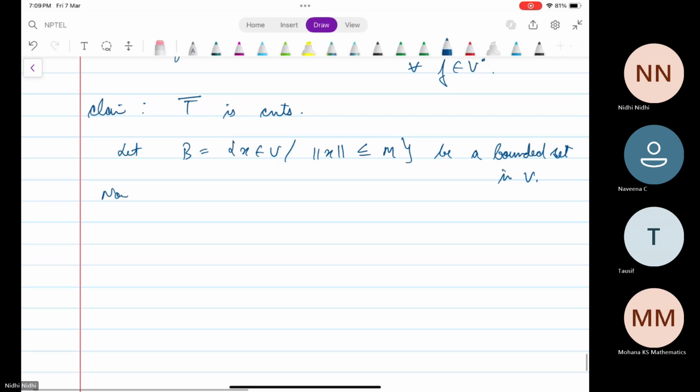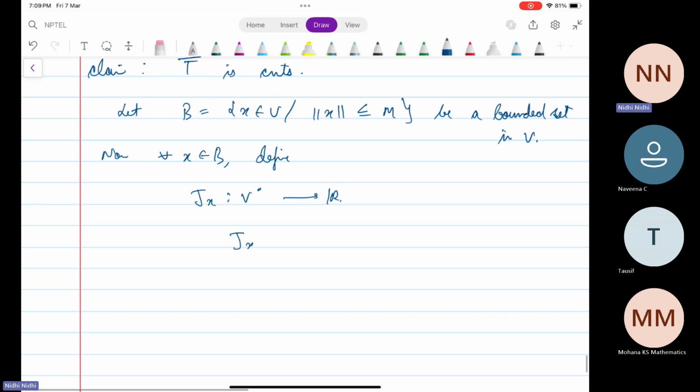Now for every x in B, define Jx from V star to R, where Jx at any point G is equal to G at T bar x for every G in V star.